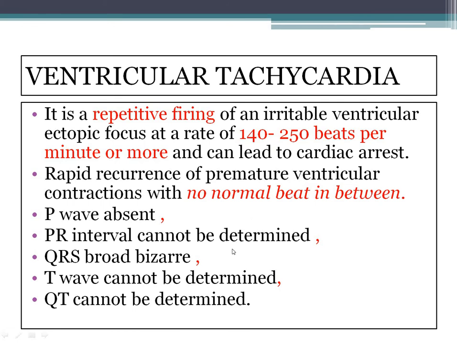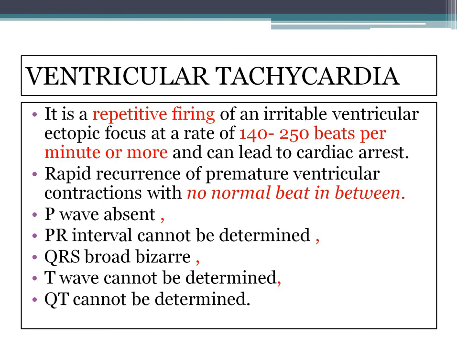You have to keep in mind how we will identify the ventricular tachycardia. You have to see the rhythm. Rhythm is usually regular. And what about the QRS? QRS is abnormal in shape, or we can call it as bizarre one. And what about the P wave? Very difficult to detect. Okay, these are the points you have to keep in mind. Understood?